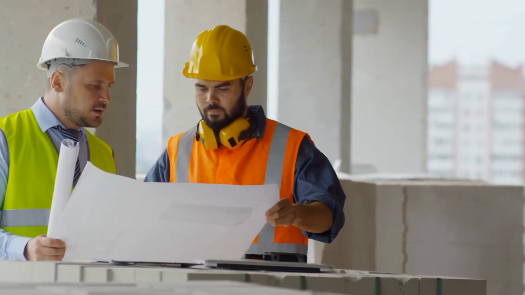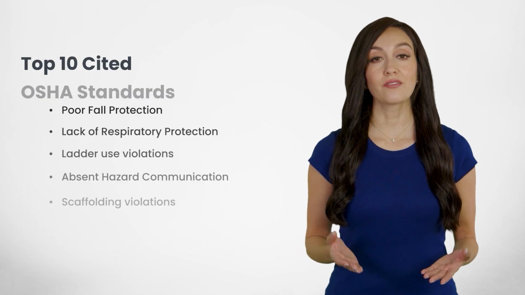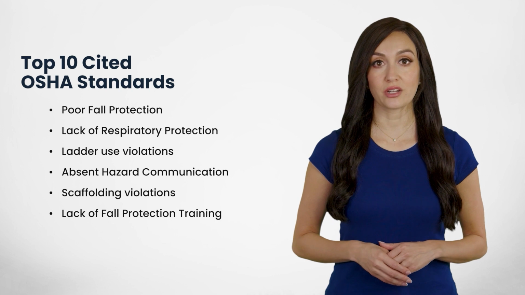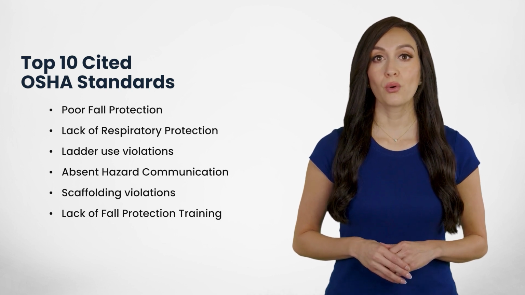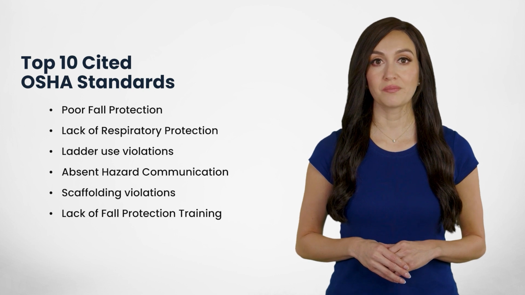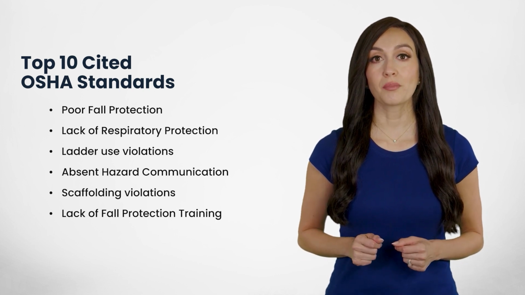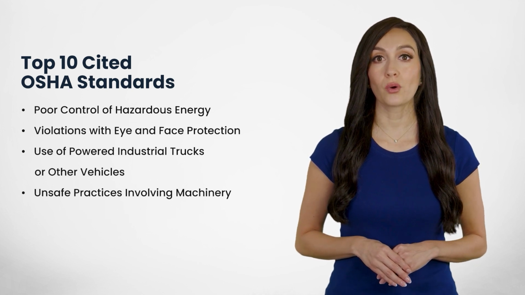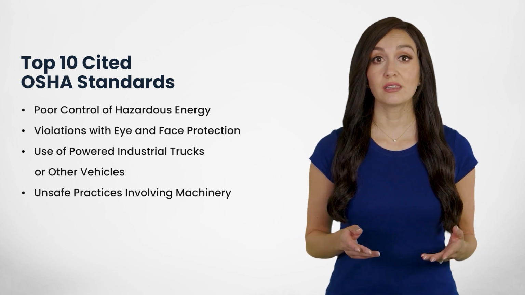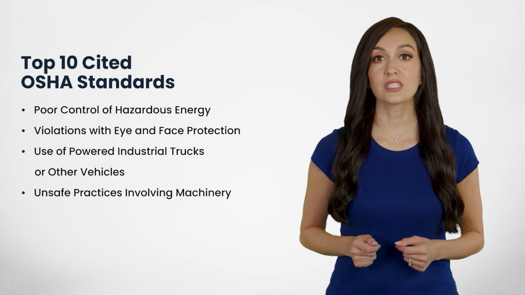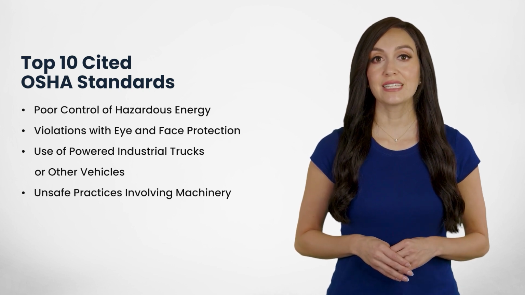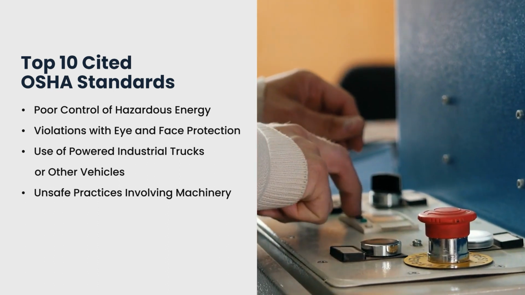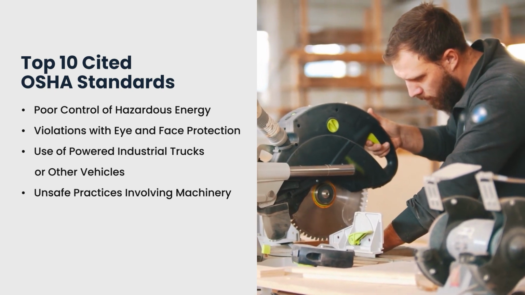A typical top 10 citations list from OSHA includes lack of or poorly utilized fall protection, lack of or improperly used respiratory protection, ladder use violations, poor, incorrect, or absent hazard communication, scaffolding violations, improper, insufficient, or omitted fall protection training, various violations involving poor control of hazardous energy, such as lockout-tagout procedures, violations involving eye and face protection, citations involving the use of powered industrial trucks, and unsafe work practices involving machinery, such as poor or non-existent machine guarding.